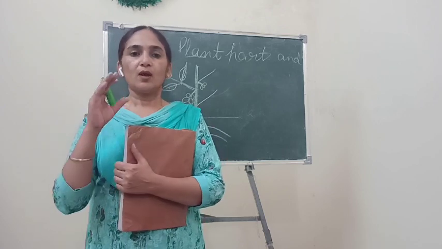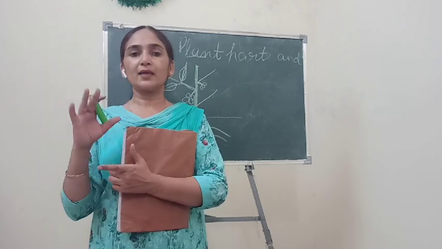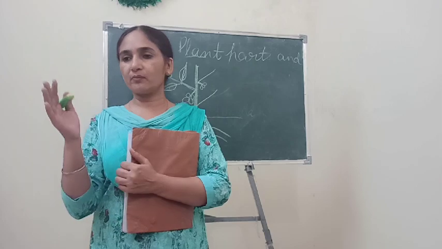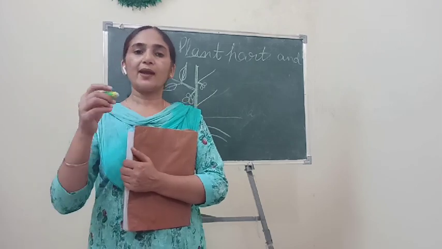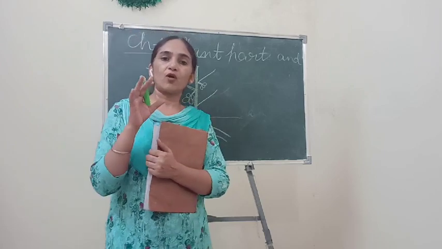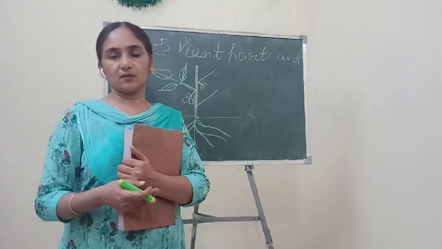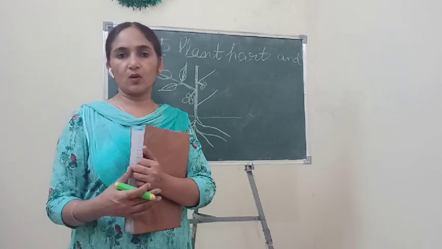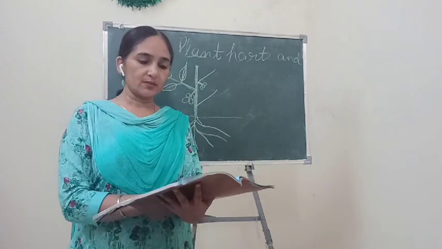Okay, so in the same way, the full life cycle of plant is completed. Means from one plant many seeds can be produced, and one plant is capable of producing many new plants by the seeds also. So this is about the shoot system, children.